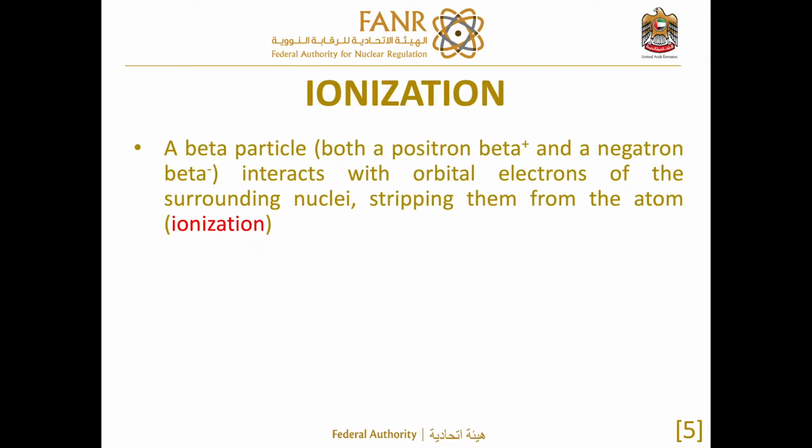From the point of view of the description of these effects, ionization is the ability to remove, to strip an electron from an atom, and the beta particle, whether positive or negative, behaves the same way, either by pushing or pulling, by an attraction or a repulsion towards another electron in the atom.